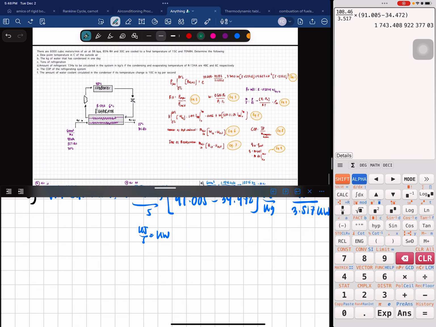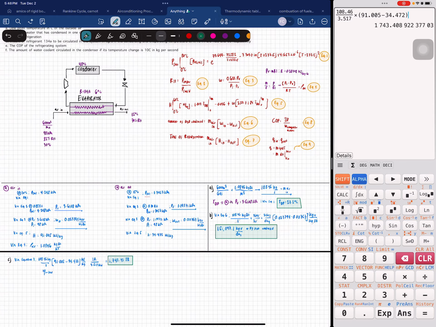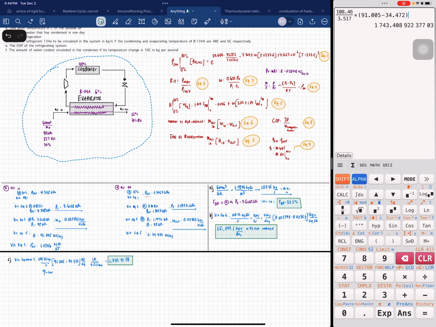Okay, so what else do we need? D, E, and F. For us to solve D, E, and F, we have to find their corresponding enthalpies, okay?